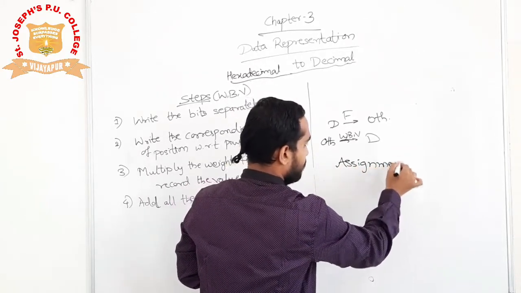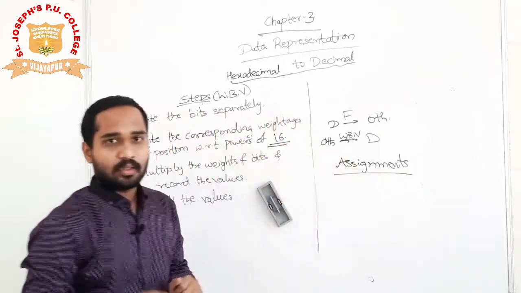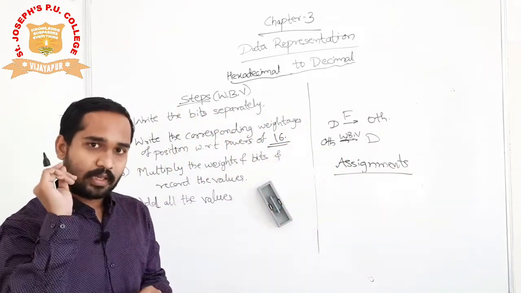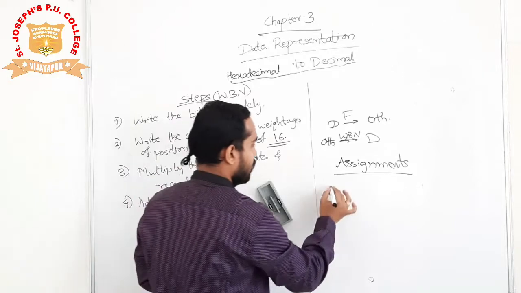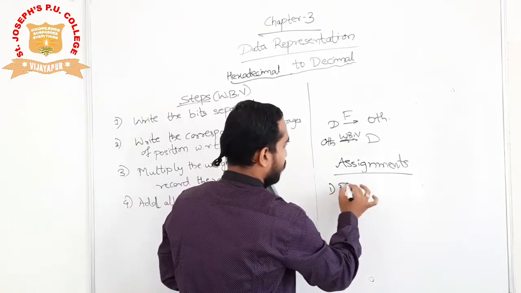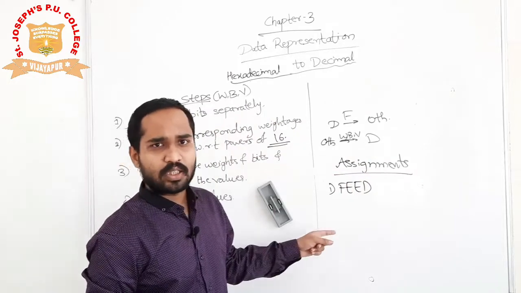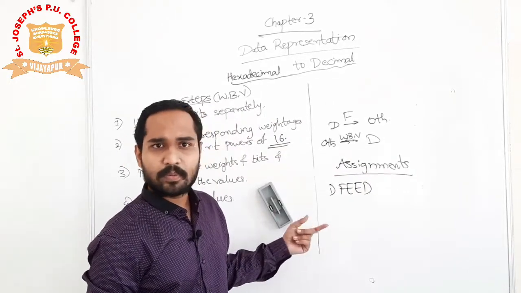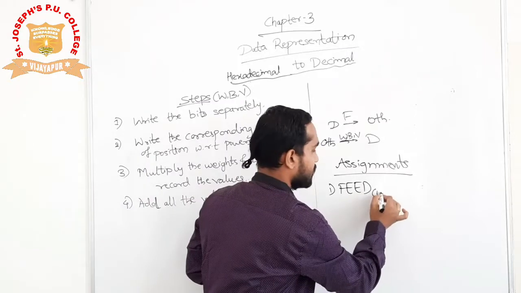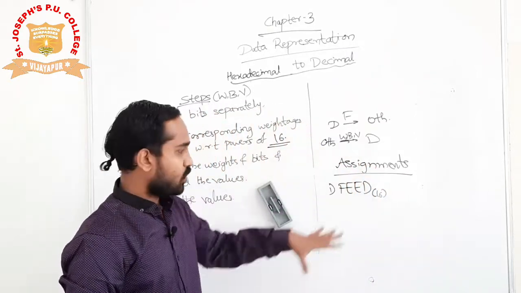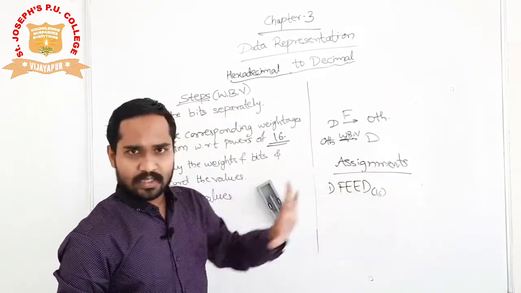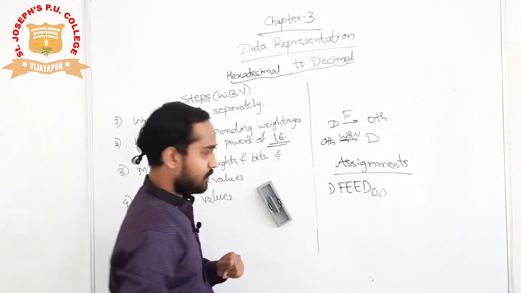Simple thing, this is asked for 5 marks in every exam paper. It's like FEED. Which kind of number is this? Can it be octal? No. Decimal? No. Binary? No. It should be hexadecimal. So FEED, F-E-E-D, is a hexadecimal number.